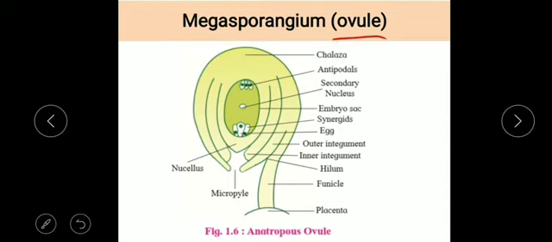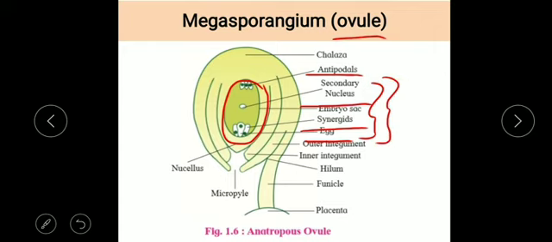Now remember this part. I will continue in the next video lecture, but just remember that the central portion has the embryo sac in which the antipodals, secondary nucleus, synergids and egg are present. The egg is the main part, as it is the female gamete with which the coming male gamete will fuse to form a zygote. The entire development and function of individual cells I'm going to explain in the next video lecture.